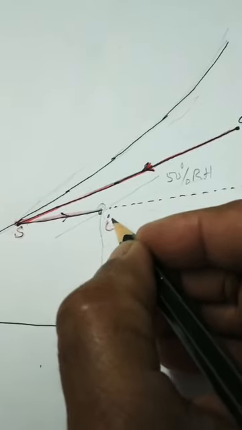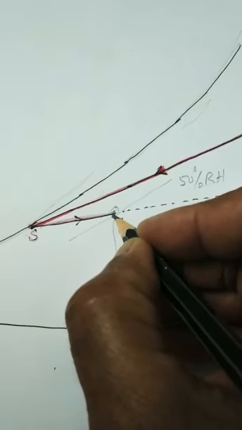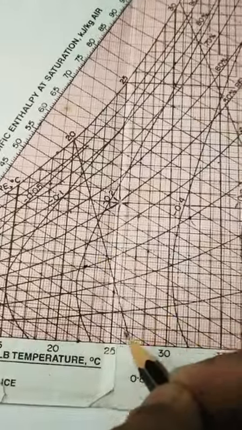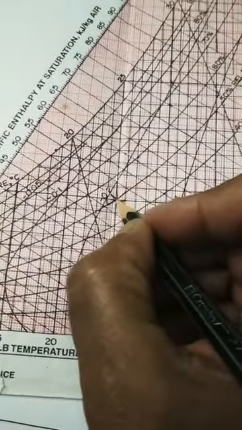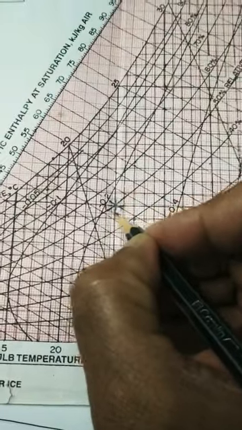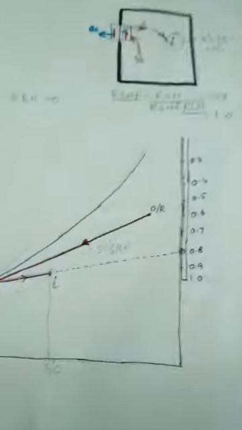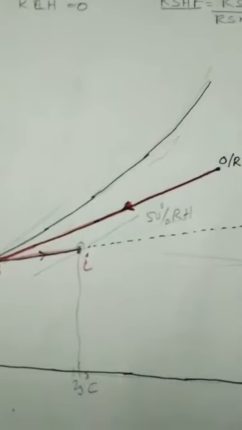Room design. So a room design condition can always be plotted on the psychrometric chart like this and say, okay, this is the room design condition.